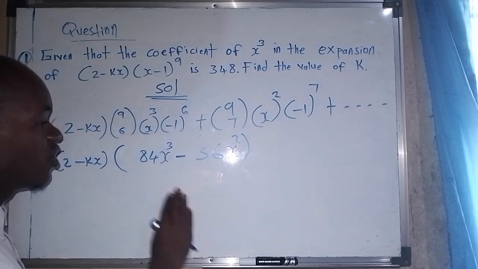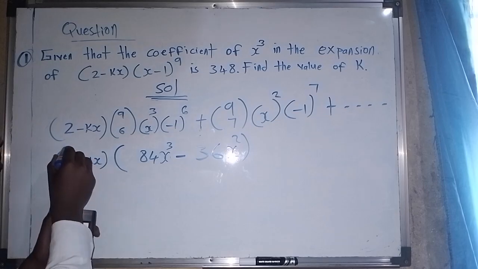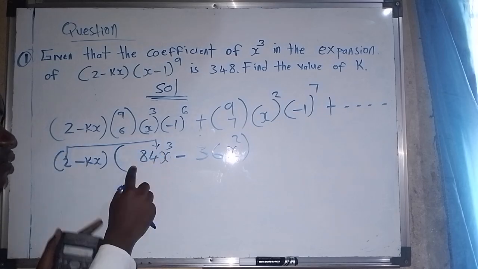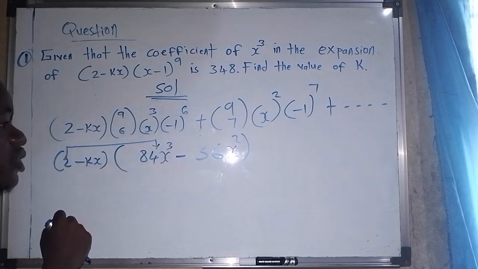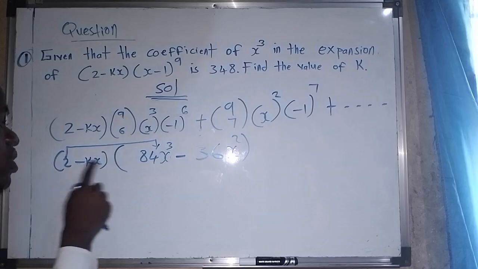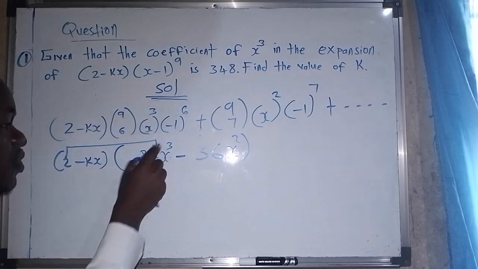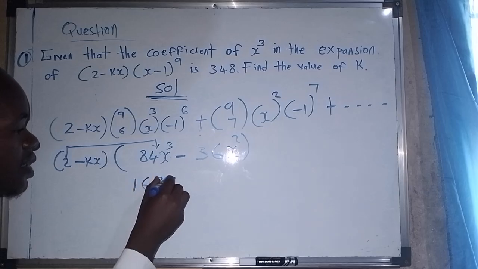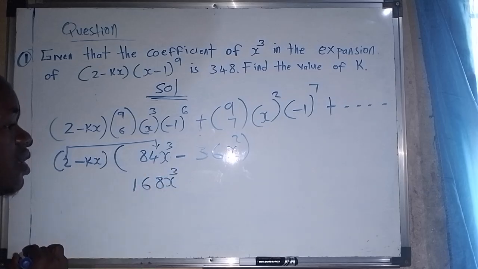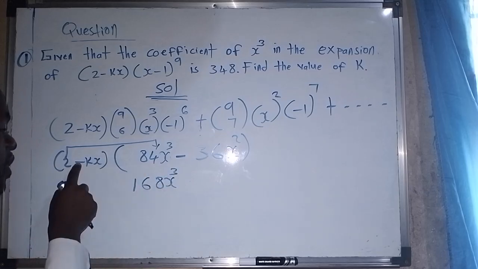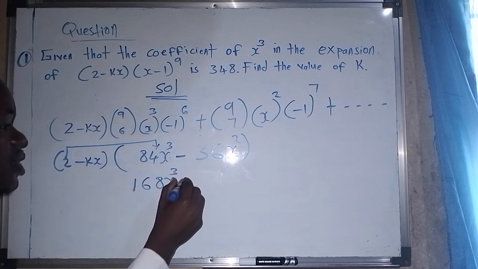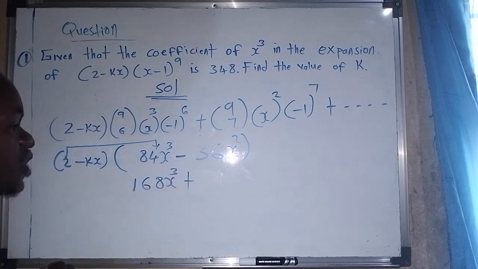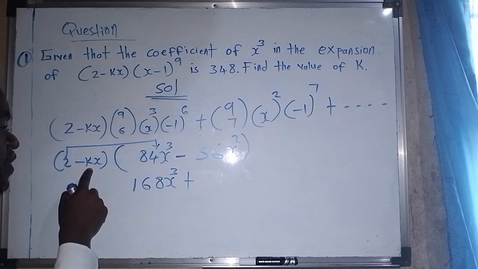That's all. So as you can see, this 2, when you multiply it with 84x power 3, it will be able to give us that. So 2 times 84x power 3 will give us 168x to the power 3. You see that? Again, this negative times negative, you get what? The positive. Then what is this?